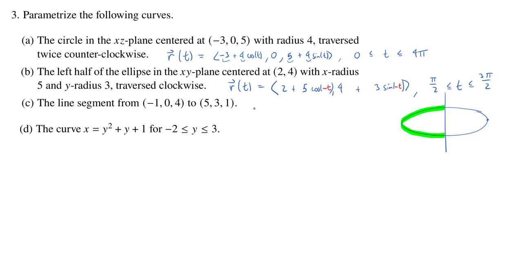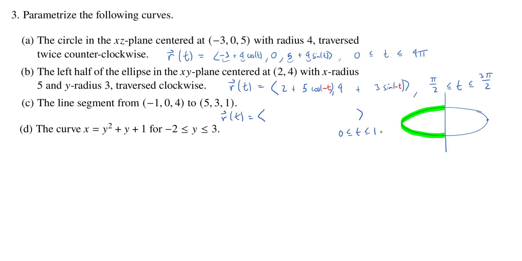Beautiful. Next, we have a line segment. This is one of the easier ones. So first, we can just start by writing down the domain for t. When we do our line segment, we can always set it up so that t goes between 0 and 1. That's just a cool property of parametrizing line segments. It's not the only way you could do it.